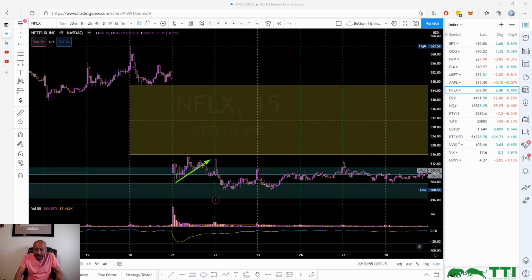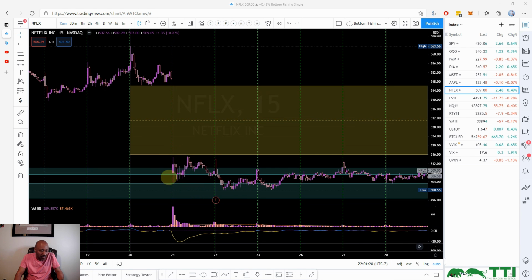But to the upside, what I want to see is when price has formed some low, has formed some high, I want to see price then continue to drive up and make higher lows for me to enter on the long side.